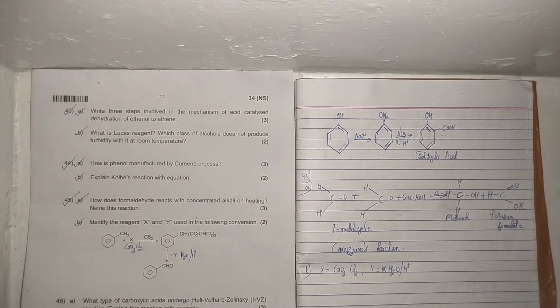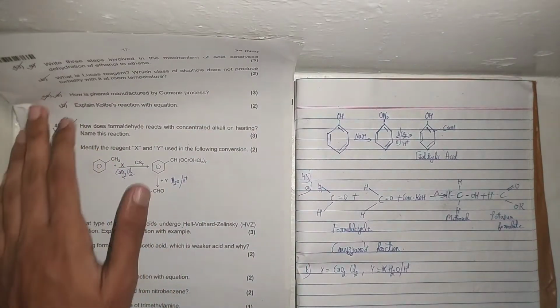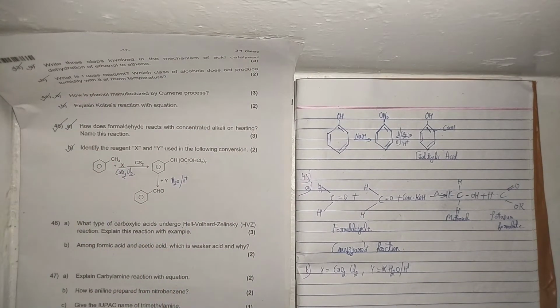So now moving on to our next question, that is question number 46. Here they asked what type of carboxylic acid undergoes Hell-Volhard-Zelinsky reaction, and we have to explain that reaction with an example they have asked. Okay, so here is the question. I believe you can see the question.